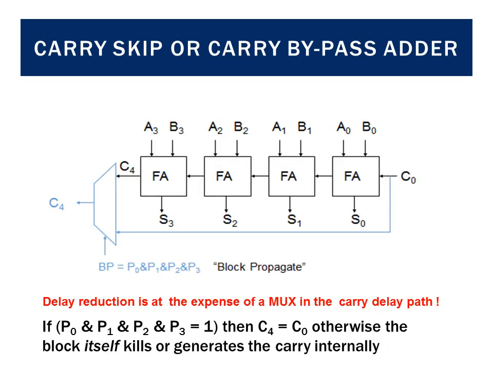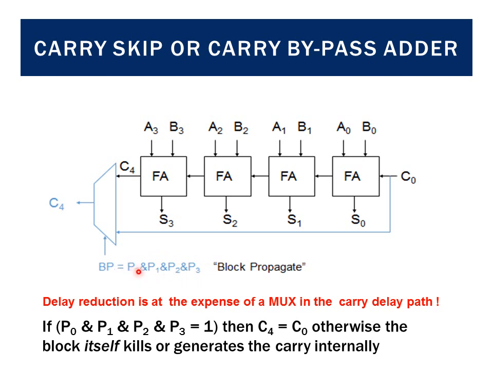This is the more simplified block schematic of a carry skip adder. Here you can see that the C0 or the C in is one of the inputs to the multiplexer. The other input is coming from the last stage of the full adder, that is the C4 input, and the select signal is the block propagate signal, which is coming from the output of the AND gate.